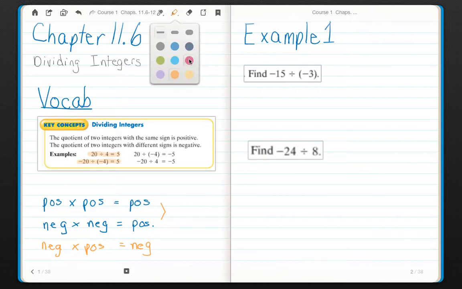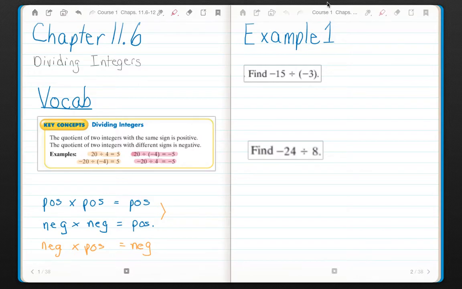However, if I have one of each, here I have a positive dividend, but a negative divisor, so my quotient is negative. Here the opposite is true. Now my dividend is negative, my divisor is positive, and my quotient is also negative. So if you have one of each, your answer will be negative. If they're both the same, your answer will be positive.